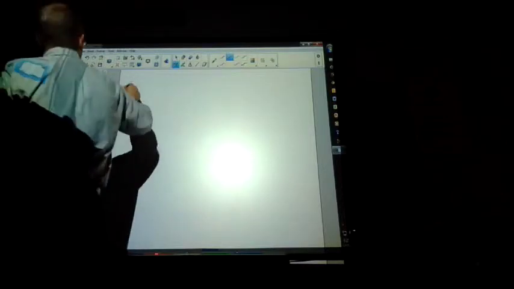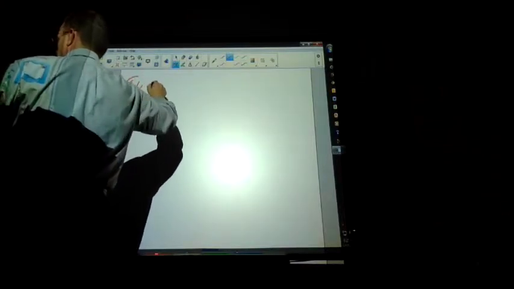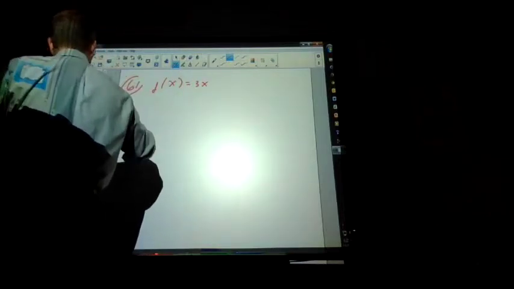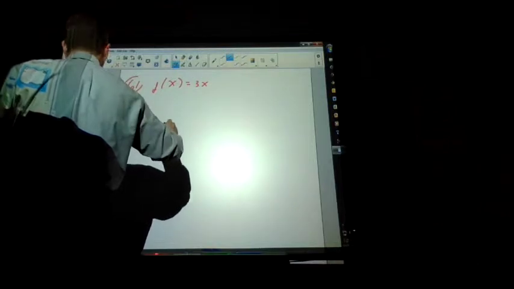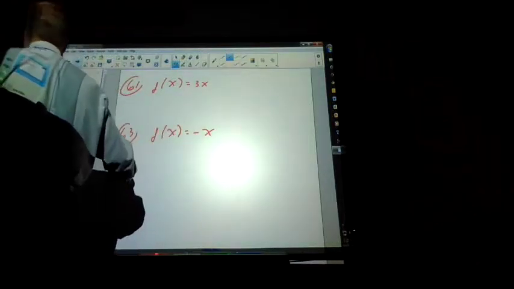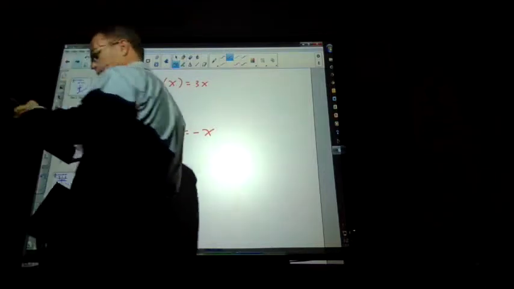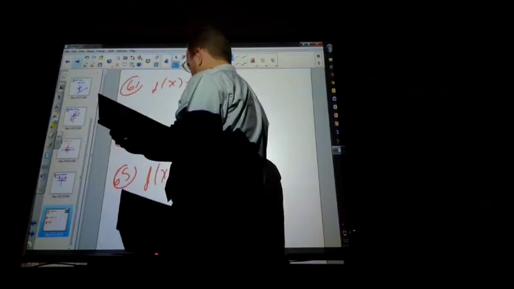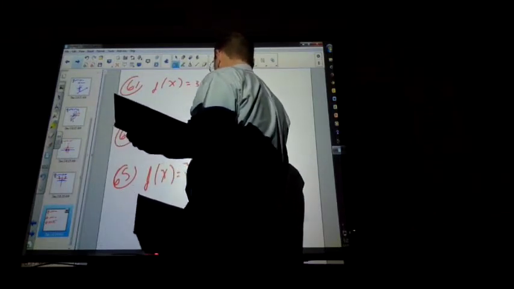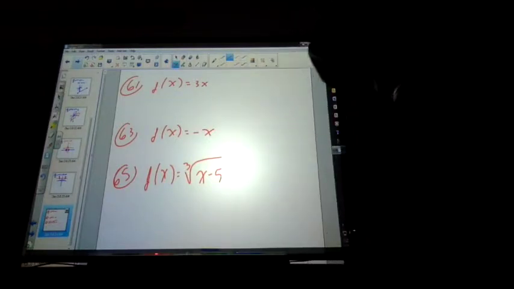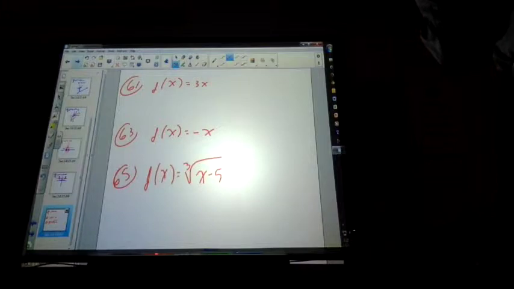Okay, so 61 through 65. We want to match. It says find the inverse by thinking about the operations of the function, then reversing or undoing them.